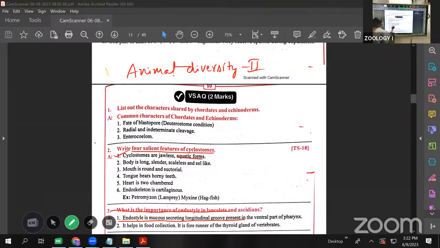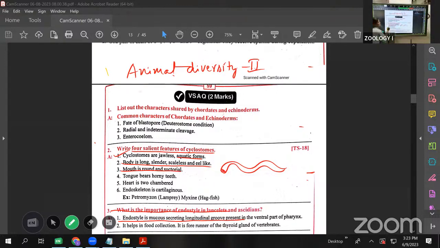The body is long, slender, tailless, and eel-like. Jaws are absent, and the mouth is round and suctorial. Without jaws, that's why it is suctorial.